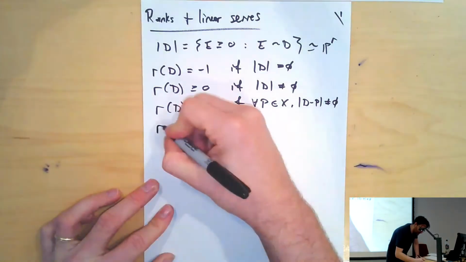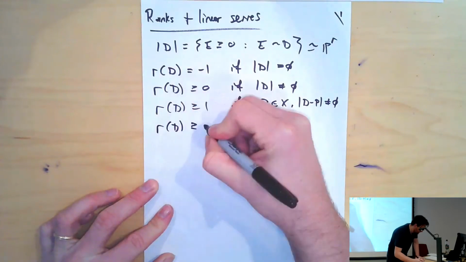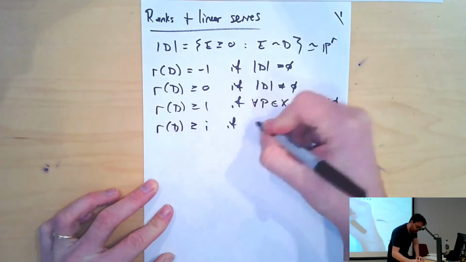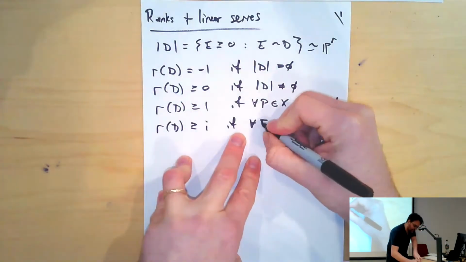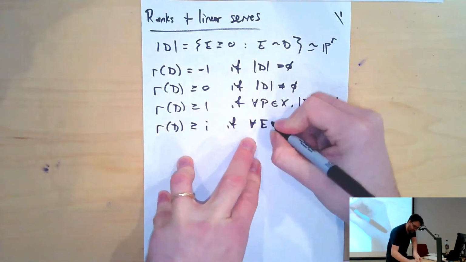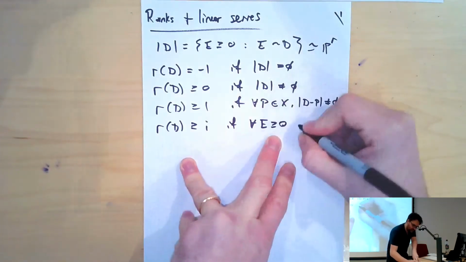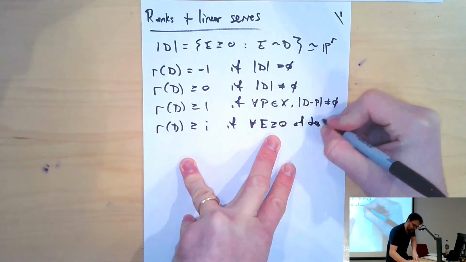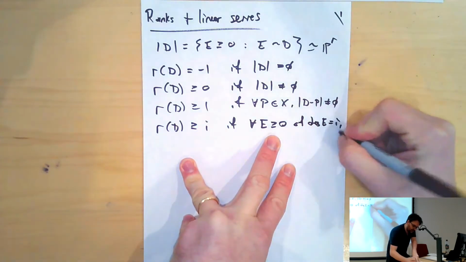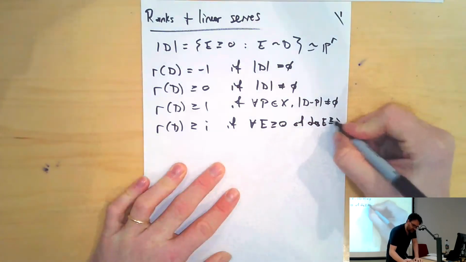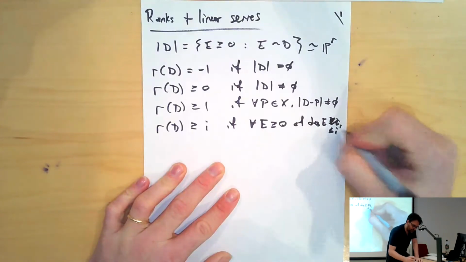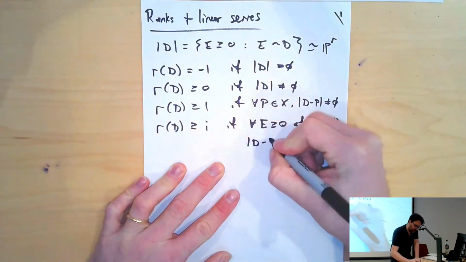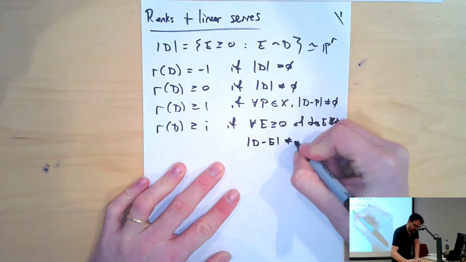And then in general, the rank of D is at least i if for every effective divisor E of degree less than or equal to i, the linear system D minus E is non-empty.